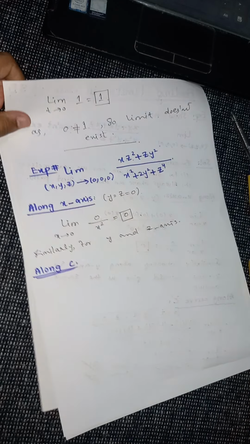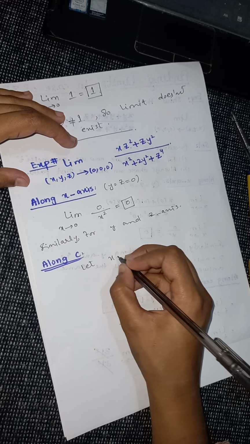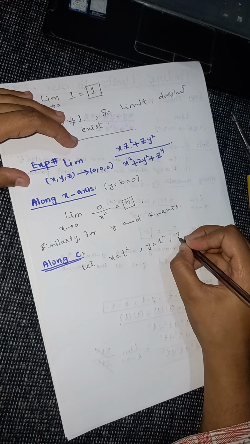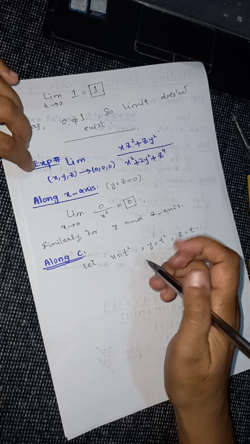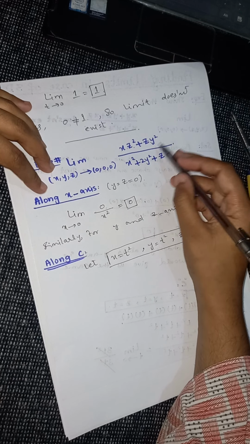Now students, if I choose along the curve C, then what would happen? Students, if I choose along the curve C, then let us take x is equal to t square, y is equal to t square, and z is equal to t. Now students, I will explain why I choose these parameters, but let me first substitute these values in our original function.